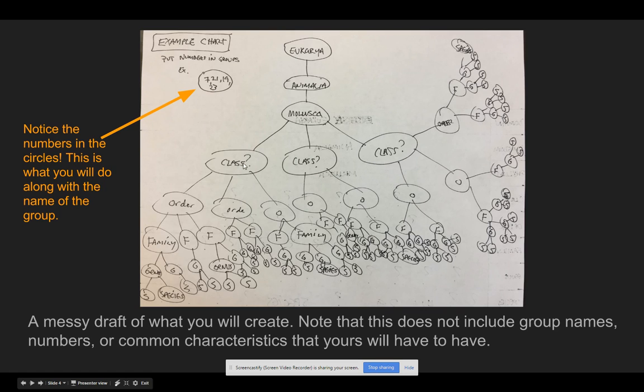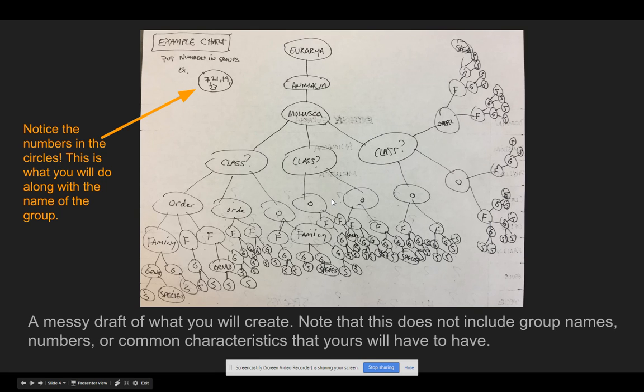Instead of it being just the name, you're going to include the numbers of each of the organisms. And I'll show you where to find those numbers for each one in a second. And then as you go through, notice there's more orders than there are classes and more families than orders. And it's going to continue to grow until you end up with 29 individual species at the end.